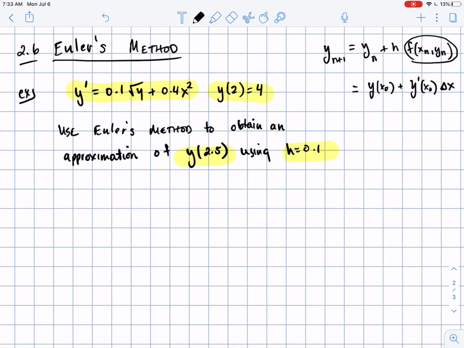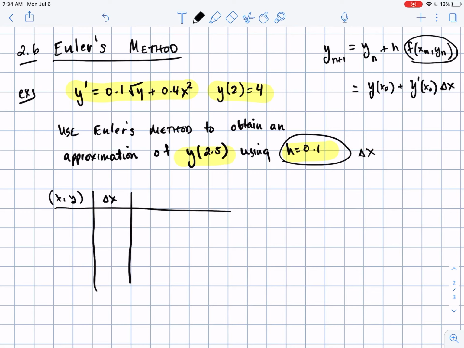Okay, so it's a little bit similar to that linear approximation. I'm going to show you a nice easy way, and it keeps everything clear, right? So you start with an x, y value. You're going to have your change of x, or you could even call it dx. I like to call it change of x. So that tells us what we're doing.